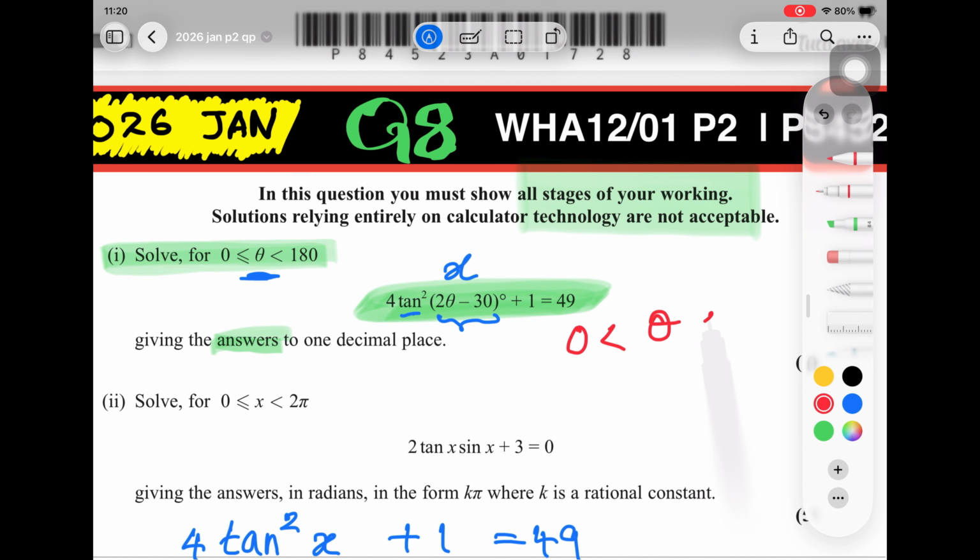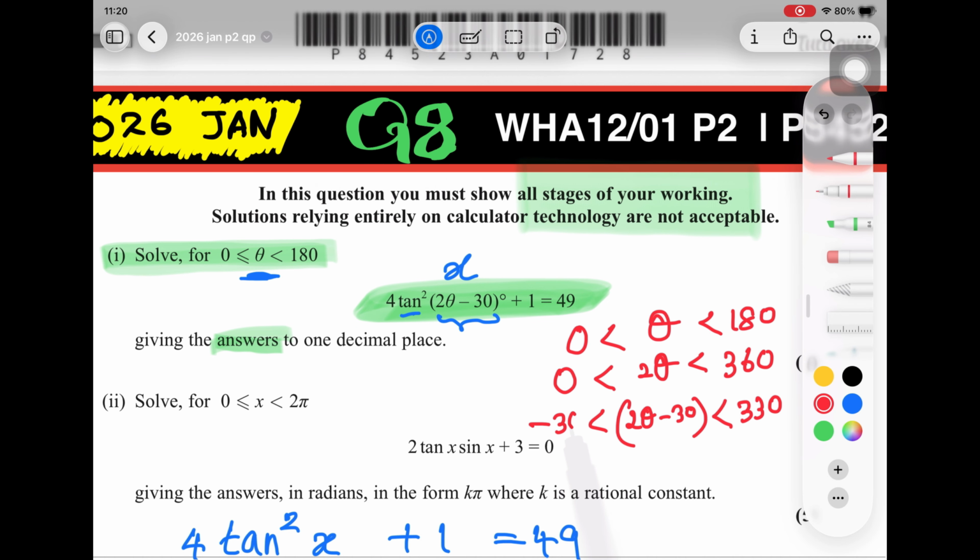Now it has given theta in this range, but my range for the solution is 2 theta minus 30. So I'm going to find 2 theta, so it will be 360, and 2 theta minus 30 will be negative 30 to positive 330. So these are the values that we have.